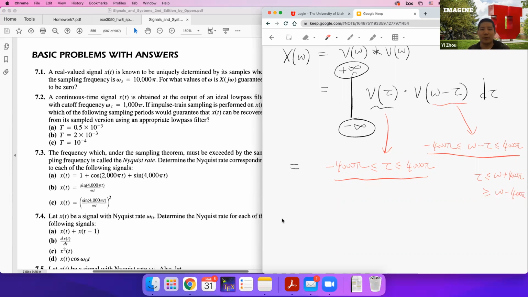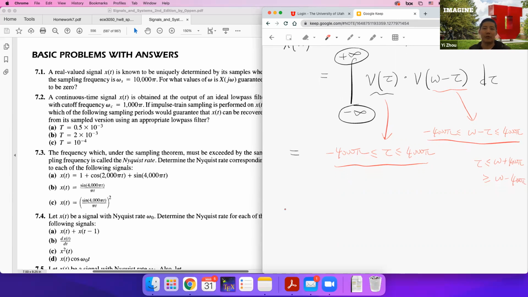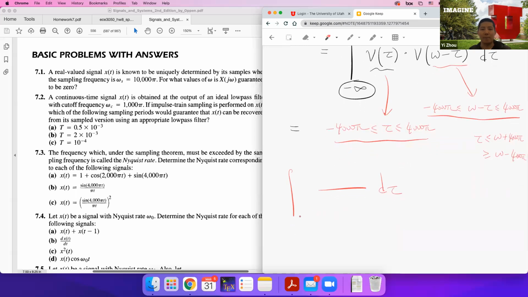Therefore, this integration can be restricted. One interval is between negative 4,000 pi and 4,000 pi.